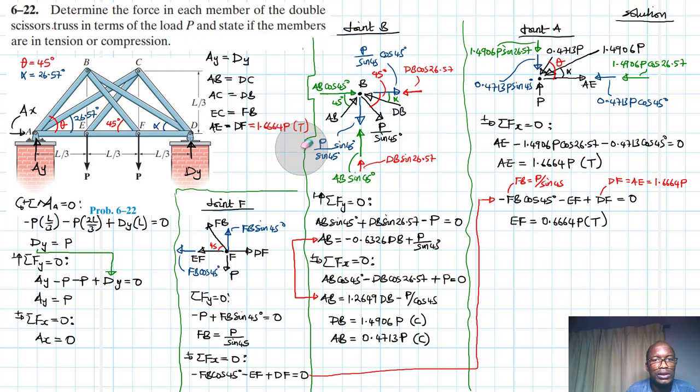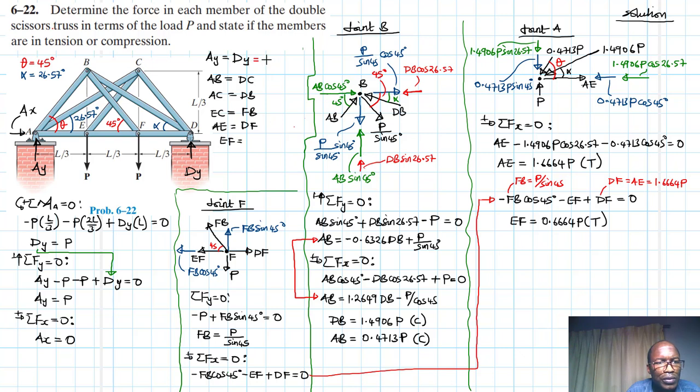Great. So let's have a quick summary of everything. Great. Okay. So we have AE equal to DF, and then down here I'll put EF. Alright. So I'll just be writing this in two decimal places.